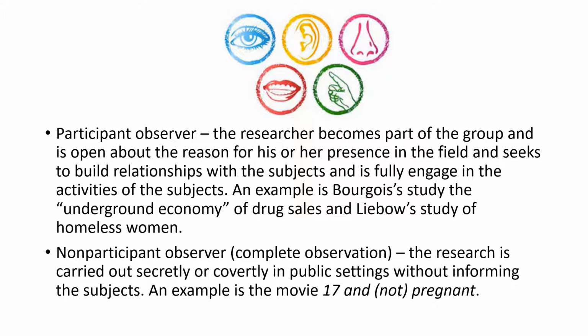And another example of non-participant observer would be, this is a very, very old movie, 17 and Not Pregnant. Have you seen this movie? You can ask Dr. Google. It talks about a high school senior and her graduation project.